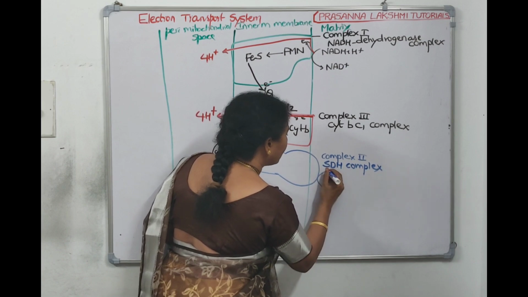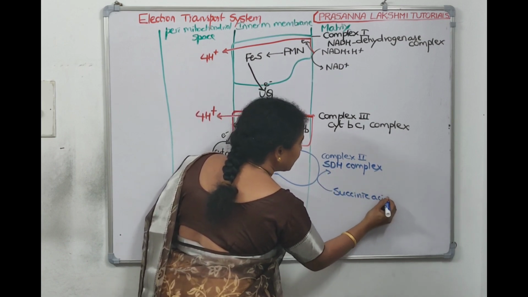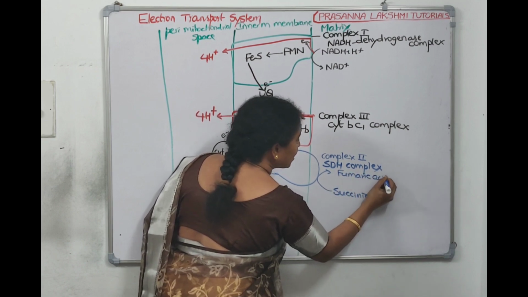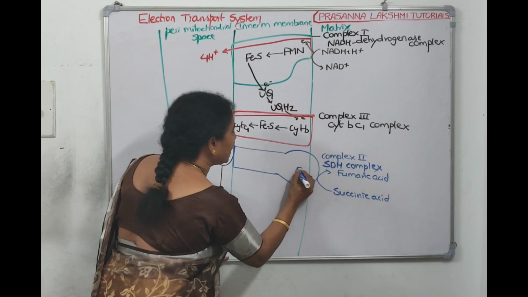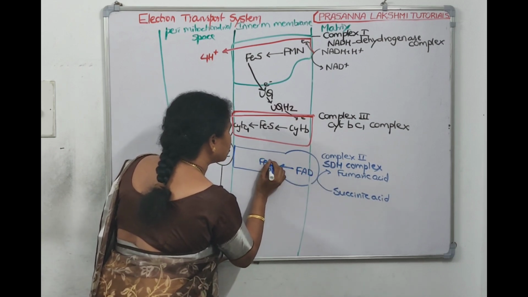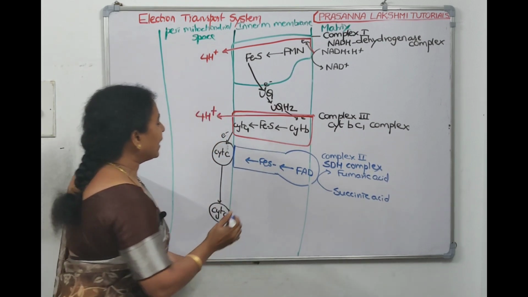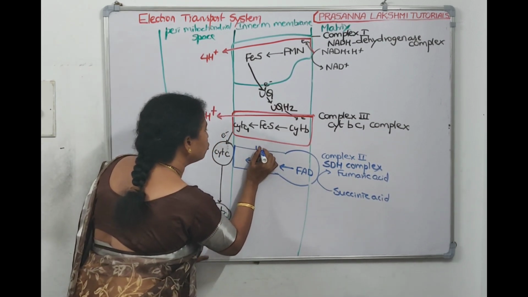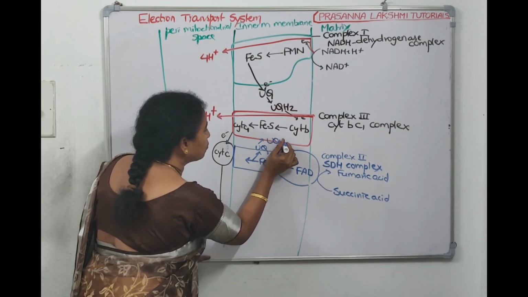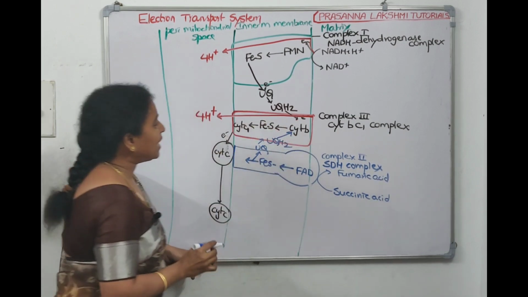When succinic acid is converted to fumaric acid, FADH2 is formed. That FAD will be here. FAD will pass the electrons to iron sulfur protein. From the iron sulfur protein, the electrons will go to UQ. UQ takes the electrons and becomes UQH2. It also passes the electrons to cytochrome B.